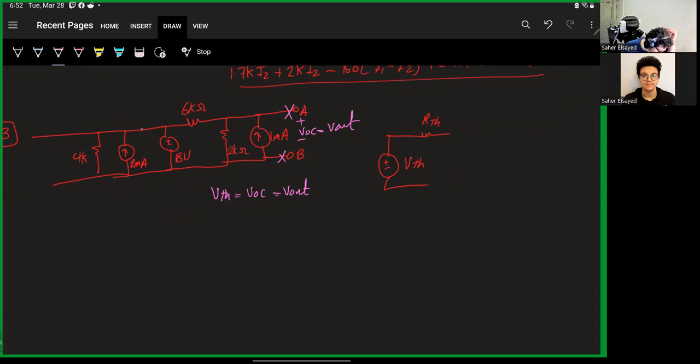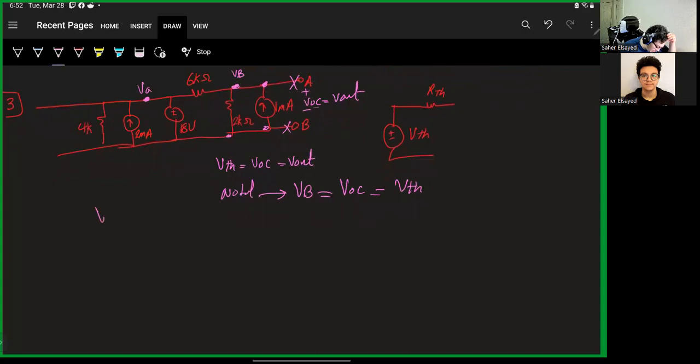I think nodal here is easy because you have a current source here, and you can put the two nodes and figure your answer out. Simple enough. Once you find the current, you'll be able to get the voltage. Because the voltage here is the same thing as the voltage here, which is also the same thing as VB. So you can do nodal and then figure out VB, and VB is VOC, which is V Thevenin.